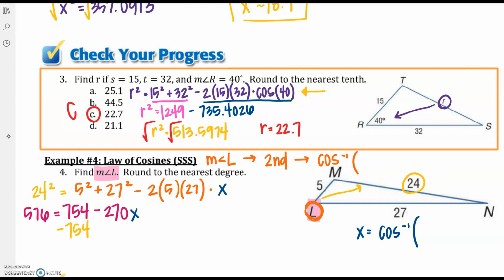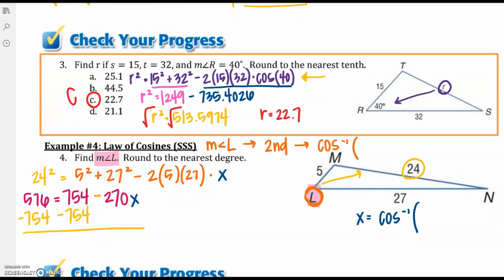Subtract that 754. You are going to get a negative, but notice here's a negative I'm going to have to divide by, so that negative will kind of cancel out. So I get negative 178 equals, bring this down, negative 270x.